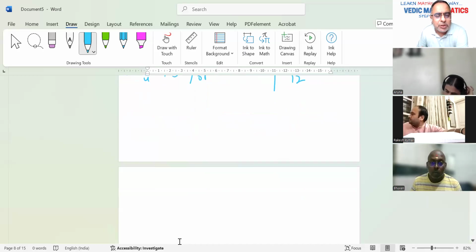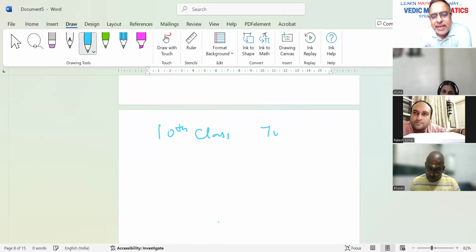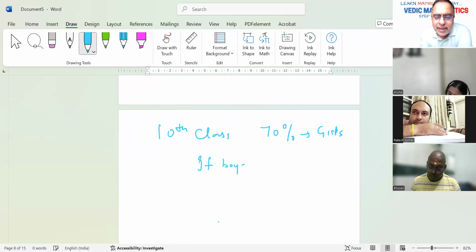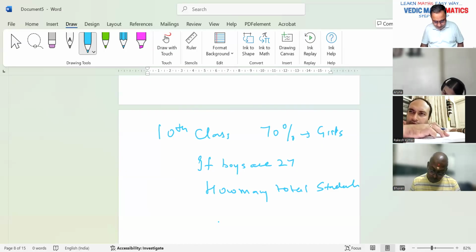Now, very important: a question that comes. There is a 10th class, 70% are girls. If boys are 27, how many total students? 90, sir.